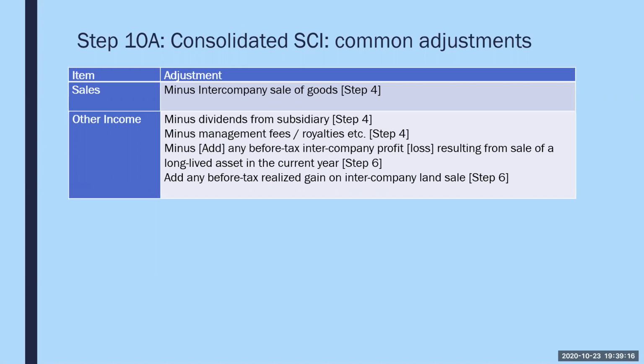And from step 6, if there were any realized gain on land, because land is non-depreciable, any realized gain will be added. Any realized loss will be subtracted. That goes without saying, but that adjustment has to be made before tax.